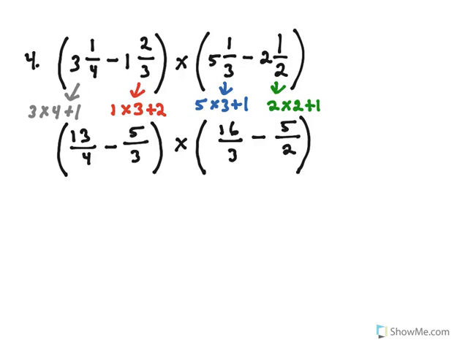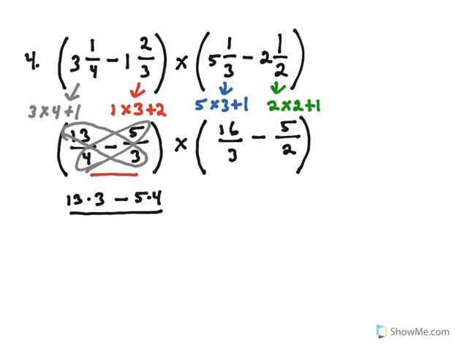I'm going to start with these two. Okay, and let's go ahead and do the butterfly method right here. So that's going to give us 13 times 3, take away, because we're subtracting the two fractions, and then we're going to do 5 times 4, divided by the two denominators multiplied together, which is 4 times 3.